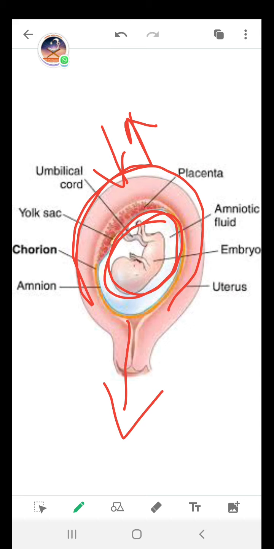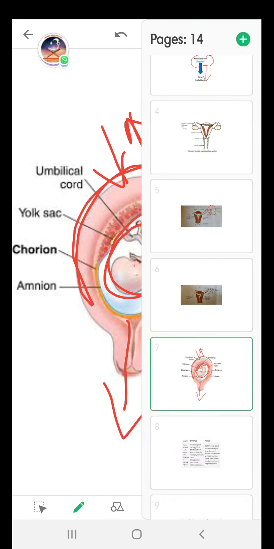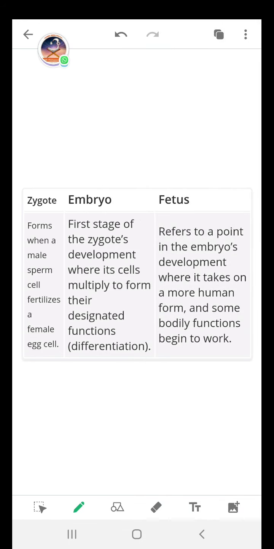Now, here we will cover the topic: what is the difference between zygote, embryo and fetus. These three are related terms. I am going to explain the difference between zygote, embryo and fetus.